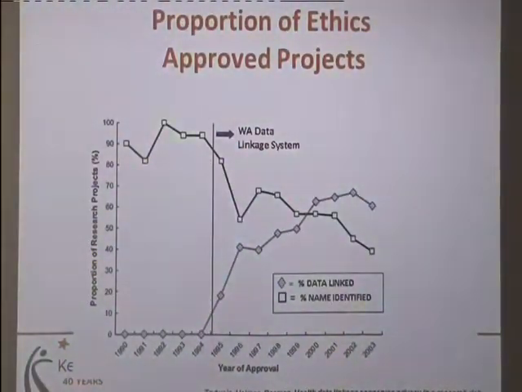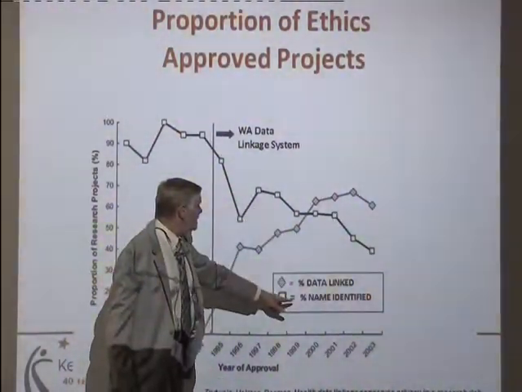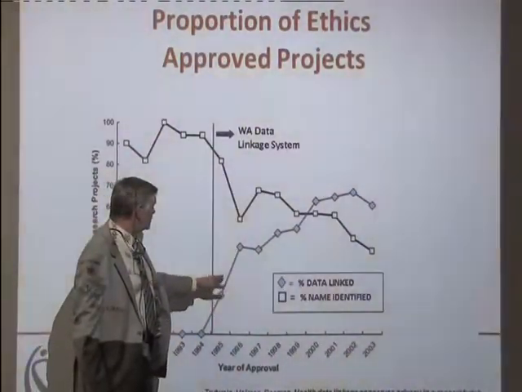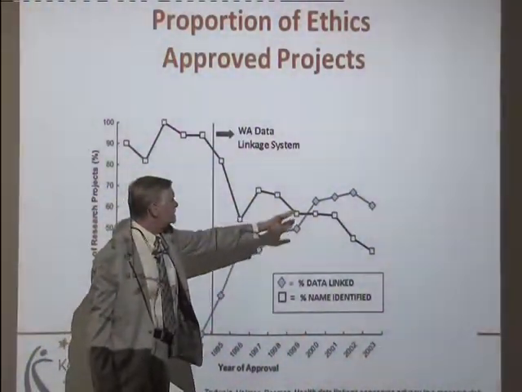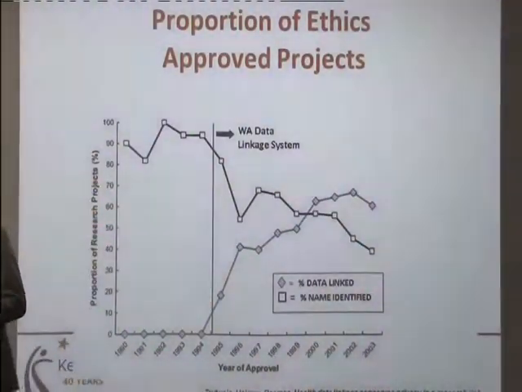You can see that over time they've limited the numbers of instances where they're conducting research where a name is identified, and more approving studies where the data are linked through these encrypted identifiers. So in other words, their ethical base is now shifting more and more to the linked databases.